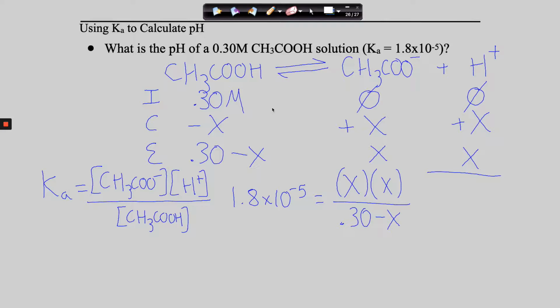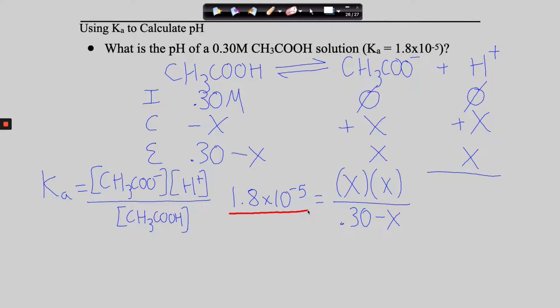Guys, check this out. This is super fascinating, but it actually makes a ton of sense. Don't look away. So guys, here's the idea. We've got our Ka value, which is 1.8 times 10 to the negative fifth. Put that in context. We found out that formic acid is a weak acid, but it's relatively strong.